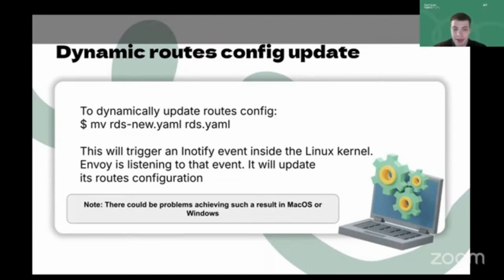As some of you may know, this will trigger an inotify event inside the Linux kernel, and Envoy is listening to that event, and it will update its route configuration when you perform the move operation.